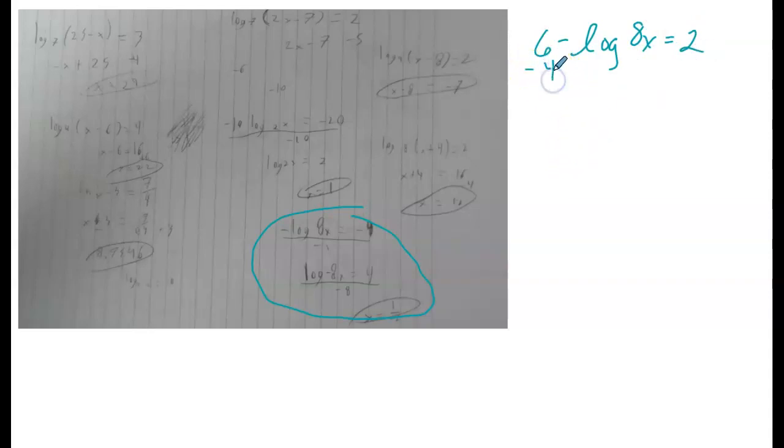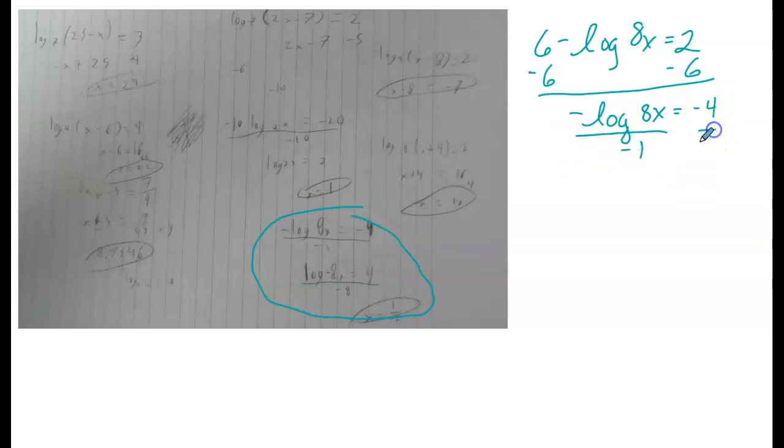And if we subtract 6 from both sides, then negative log of 8x is equal to -4, and we'll divide both sides by -1, and the common log of 8x is equal to +4. So one of the problems I see in your work here is I'm not sure where that negative came from. This should just be a common log of 8x equals 4.